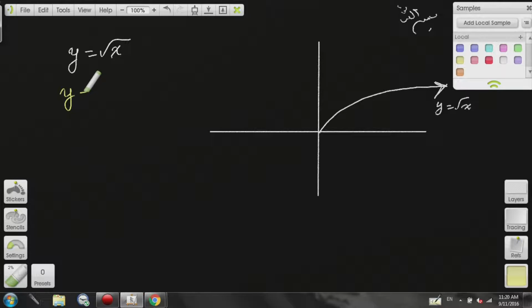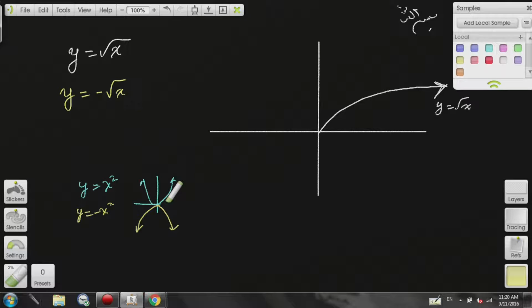Now what does y equals negative square root of x look like? Well, if you remember, y equals x squared was a parabola that looked like this. And I asked you the same question, what does y equals negative x squared look like? Then it was the mirror image of this, like this, right?